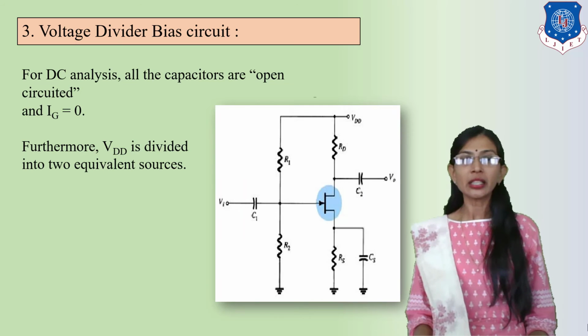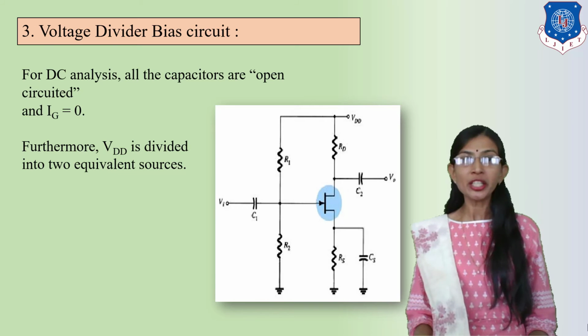Look at this. This is the third type of voltage divider biasing circuit of JFET. Here the input is divided into two resistances, means VDD is divided among two voltages through R1 and R2. Here I am not using the single resistance RG for the input. Here VDD is divided into two equivalent sources through R1 and R2.